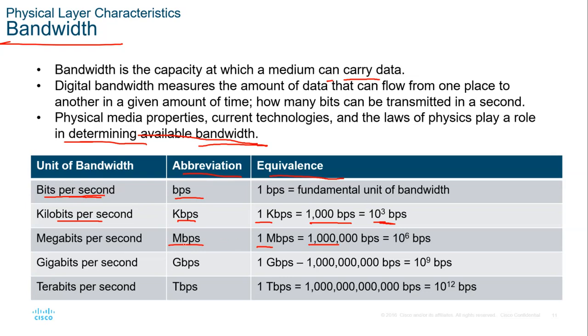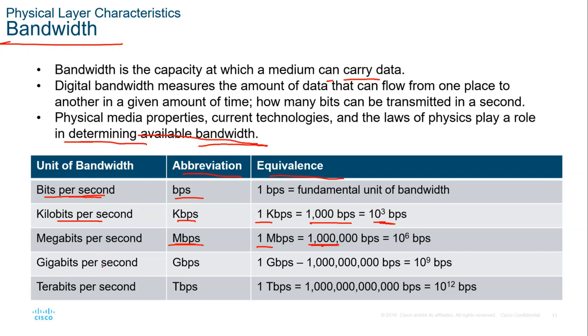So to present 1 megabit in bits per second, it will be 1,000 kilobits per second, times 1,000 bits per second.